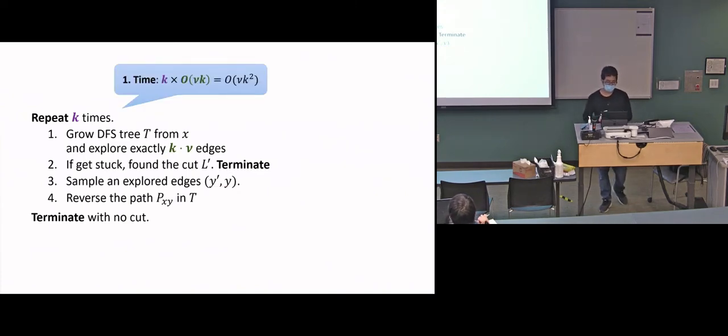All right, so let's analyze this. When we do the DFS tree, you might visit some already visited node. Do you count that as an edge that you have explored, like a DFS tree with some extra edges? Yeah, you count all of that, because you really spend time proportional to the number of edges that you have explored.